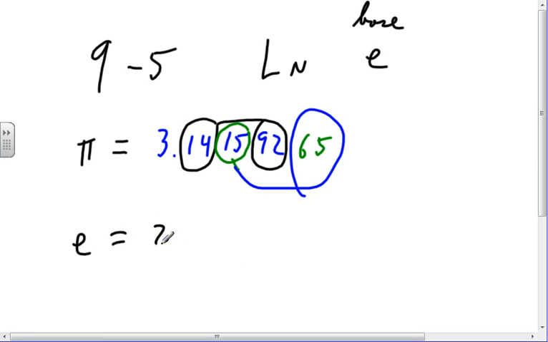All right, well, anyway, 2.71828. Now, how do I remember that? Was pi known to the Greeks, ancient Greeks, 500 years before Christ? Yes.